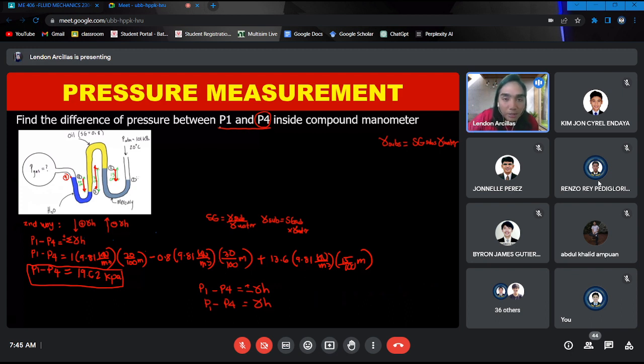To find the pressure 1 and pressure 4, pag sinabi yun sa problem, pressure 1 minus pressure 4, magsisimula kayo sa pressure 4. So, nasan ba yung pressure 4 dito? So, dito. So, from pressure 4 to pressure 3, tayo ay bumaba. Right? Nagsimula tayo sa pressure 4 because ang tinanong pressure 1 minus pressure 4.